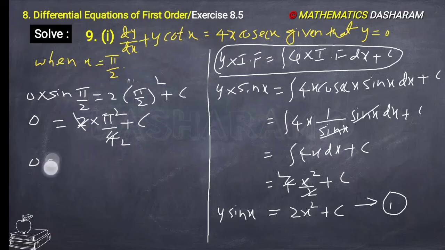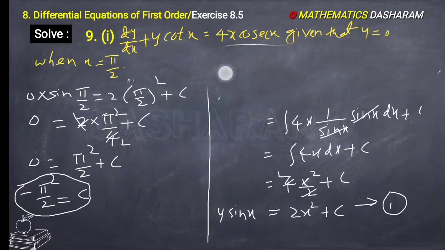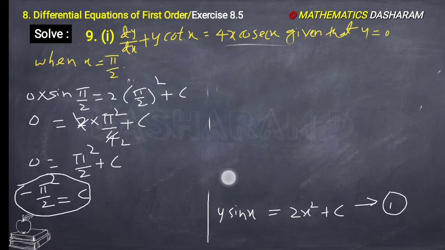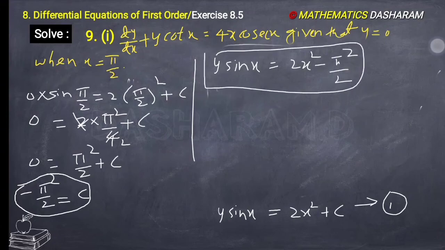So 0 equals pi square by 2 plus c, and minus pi square by 2 equals c. Substitute this value in equation number 1. So the first equation is y into sin x equals 2x square, and the c value is minus pi square by 2. This is our required answer.